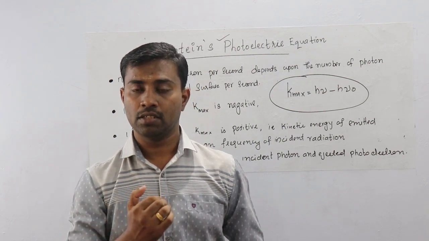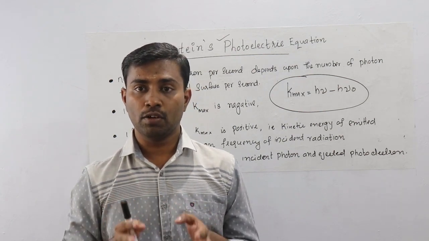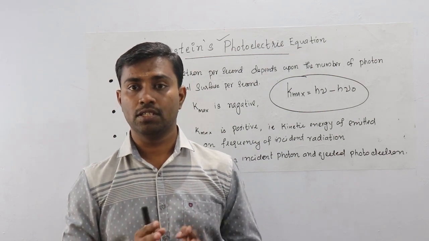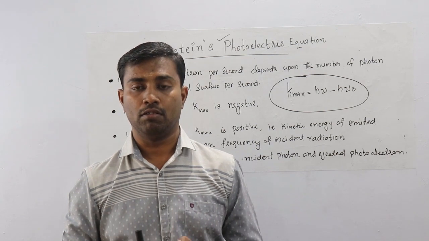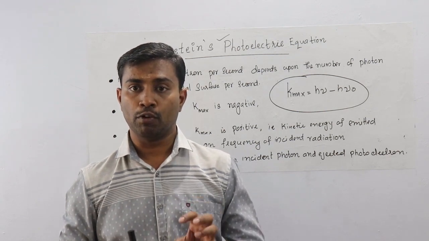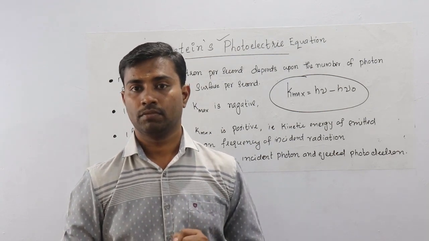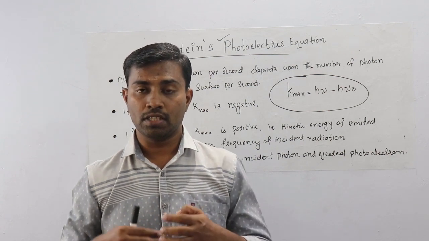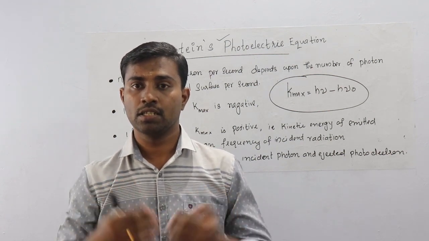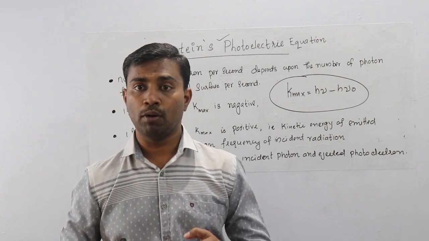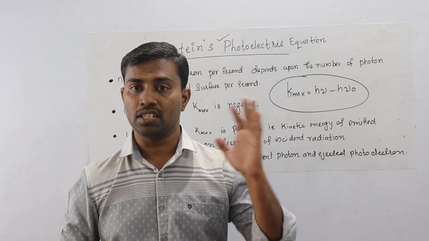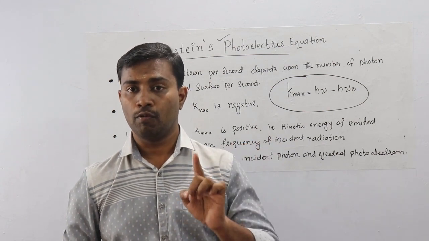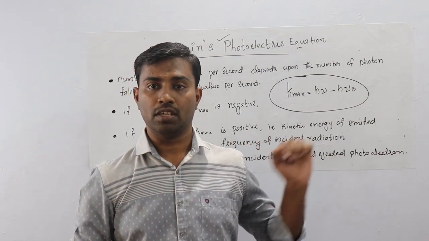That means the intensity of the incident radiation determines the photocurrent. If the intensity of the incident radiation increases, the emitted photoelectrons will increase. That means the photocurrent will increase.